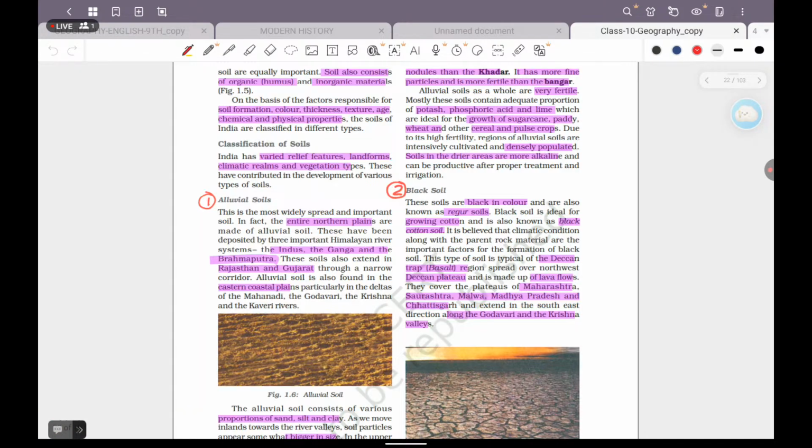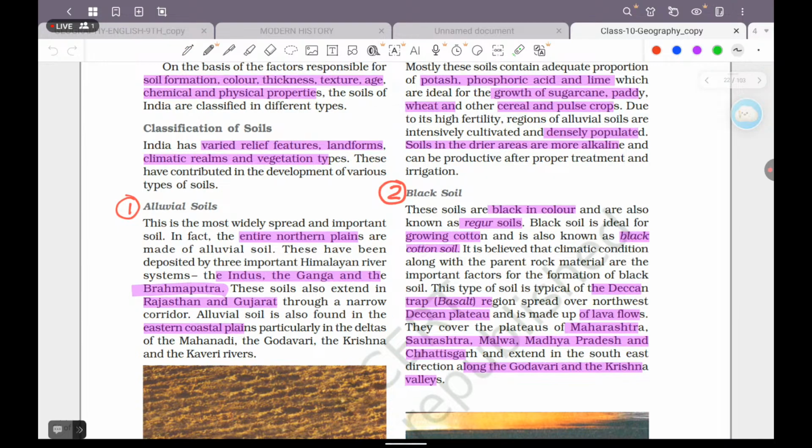Let's see them one by one, first the alluvial soil. If we talk about the alluvial soil, its formation: these soils are found in the northern plain. How are these soils formed? These soils are deposited by the Indus, Ganga and Brahmaputra rivers and their distributaries, which help in the transportation of the soil, and these soils are deposited over the northern plains.